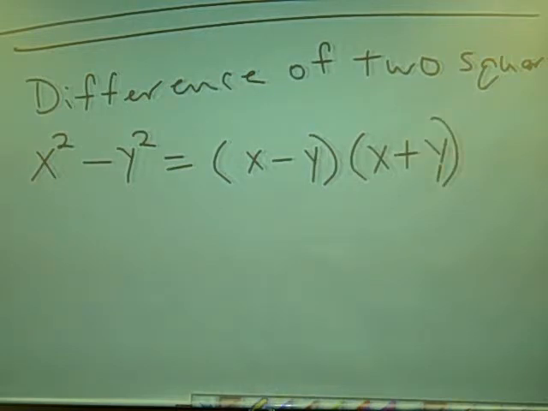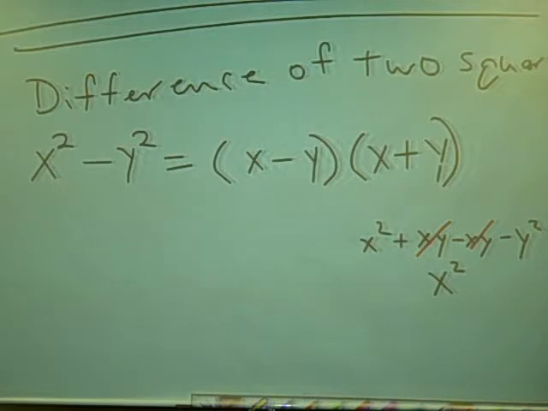Okay, that's the difference of two squares. So if we were to FOIL it, x times x is x squared, and then you get plus xy here, and a minus xy here, and then minus y squared. These two middle terms cancel each other out, and you get back to x squared minus y squared.